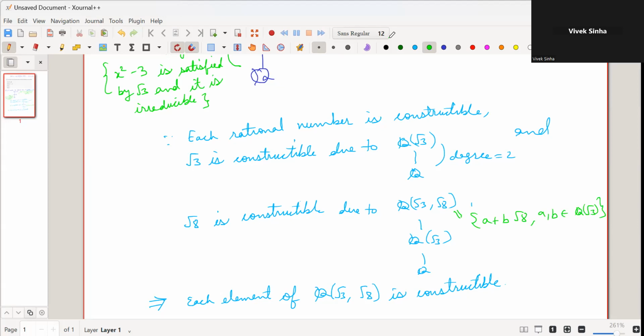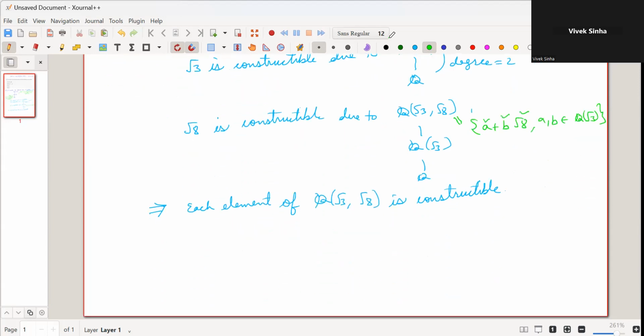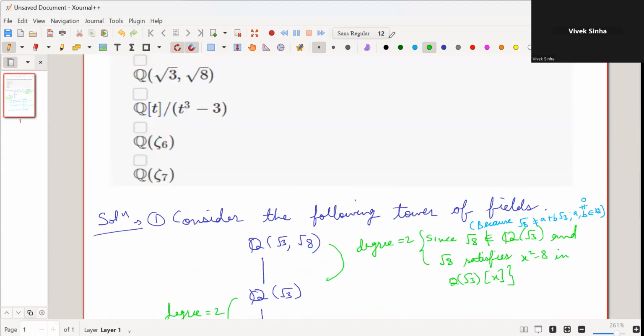Each element of Q root 3 is constructible, B root 3 is constructible, and root 8 is also constructible. So their linear sum will also be constructible. So that's the idea. Therefore, each element of Q root 3 root 8 is constructible. So that is the first question. What about the second?